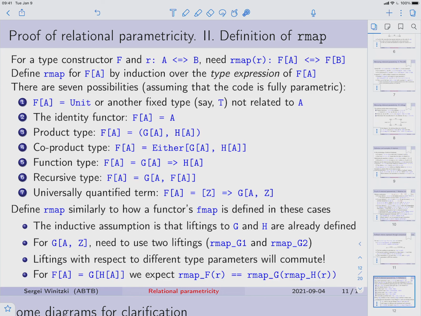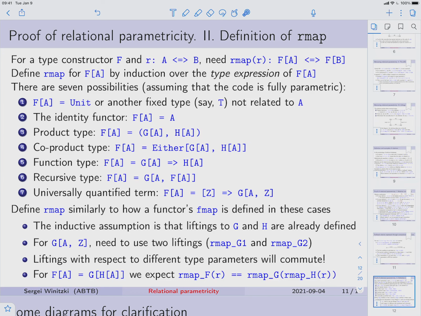And these are the unit or another fixed type, identity functor, so you can get this, product, so if you have some G and H, then you can take a pair or product, a coproduct, if you have G and H, you can construct an Either G H, a function type, so you can construct a function, a recursive type, so if you have some type constructor with 2 type parameters, then you can recursively define a type constructor F like this, and you can implement values of this type.